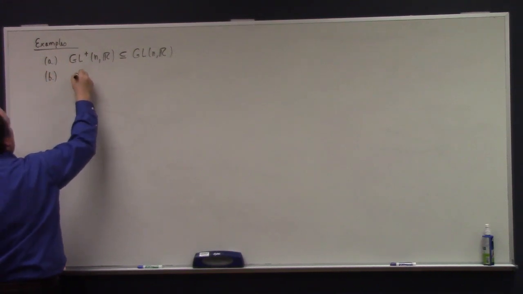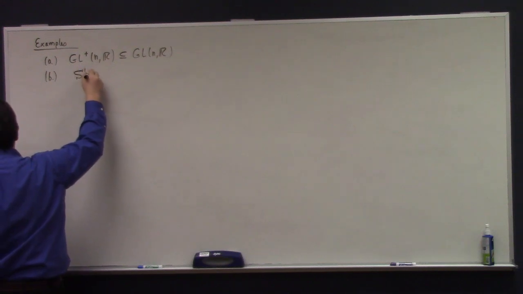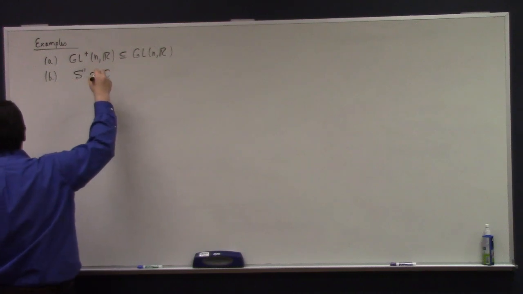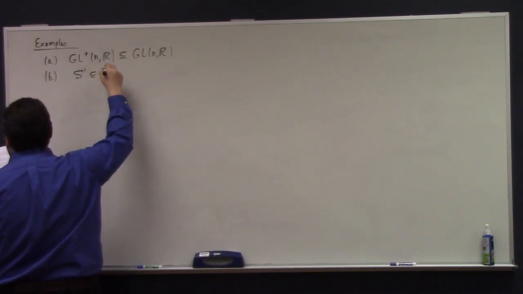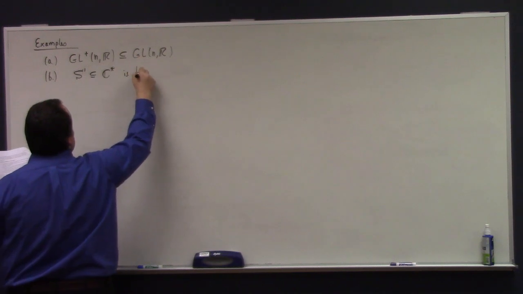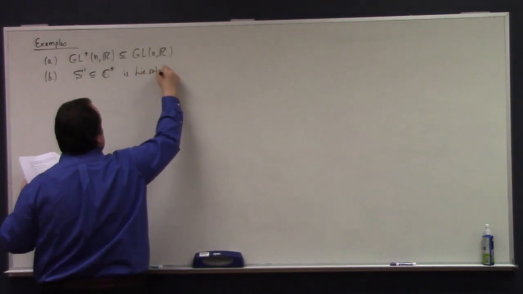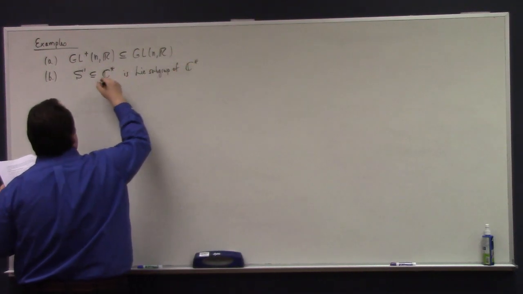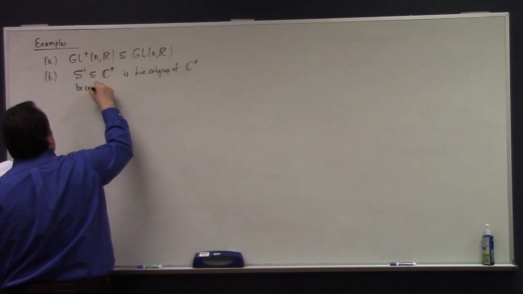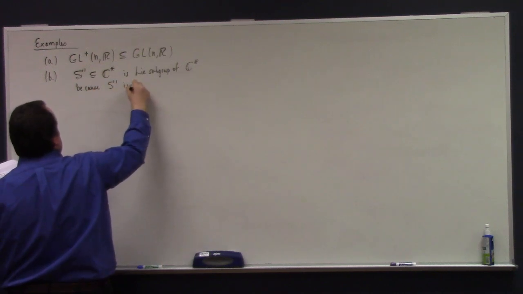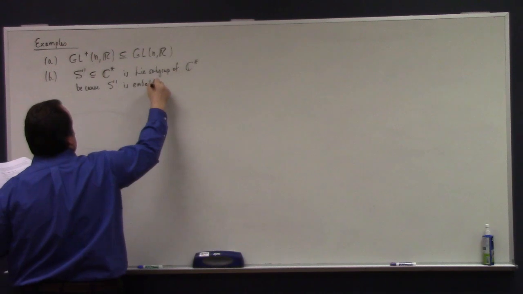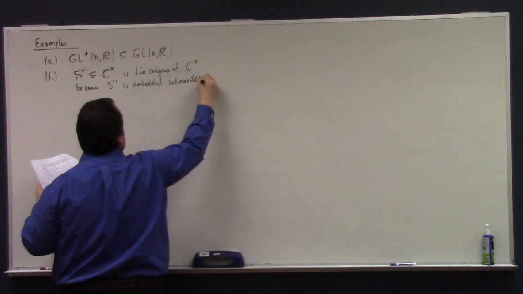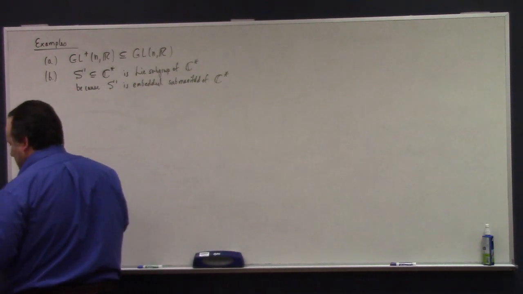The circle group is a subset of the non-zero complexes, and so this is a Lie subgroup of C star, because S1 is an embedded submanifold of the non-zero complexes.